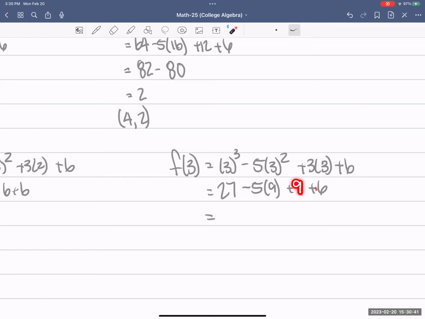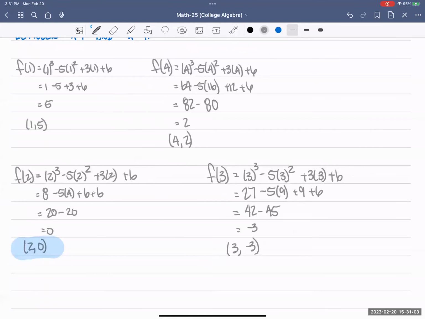Let's see, 9 and 6 is 15. So 27 plus 15 is 42, minus 45, negative 3. This gives us the point when x is 3, y is negative 3.